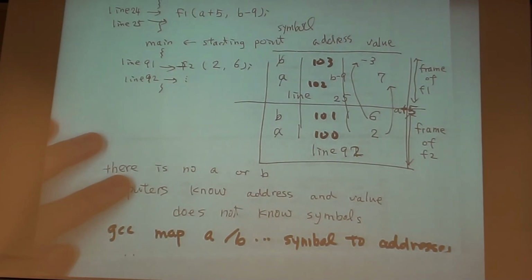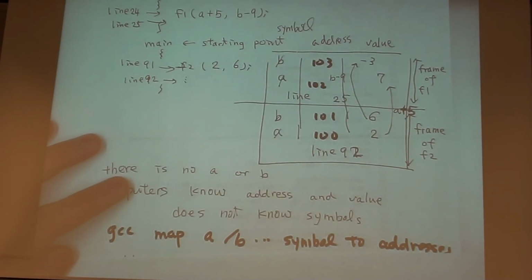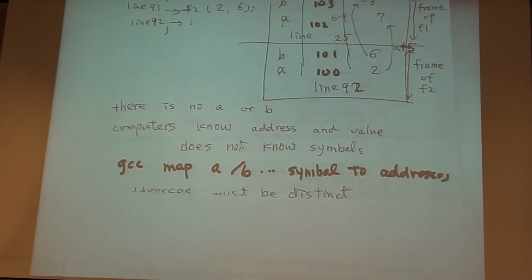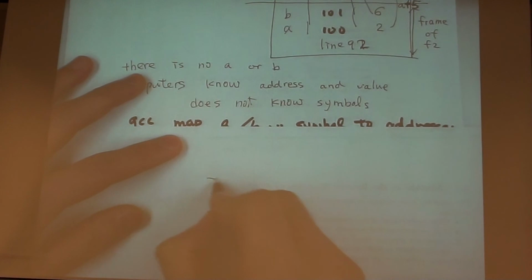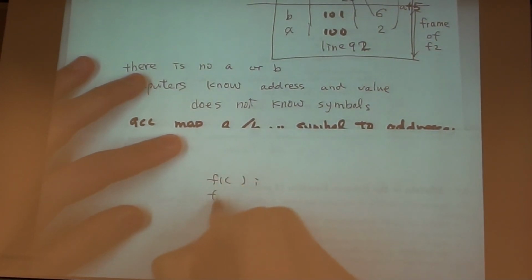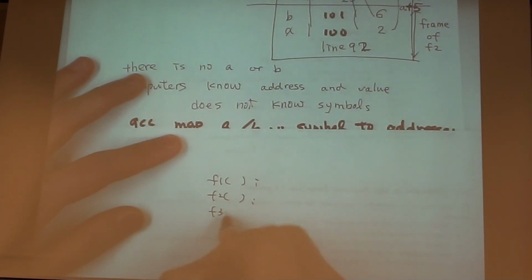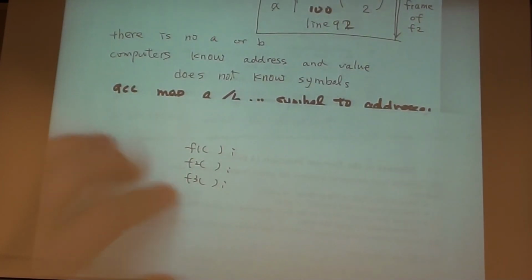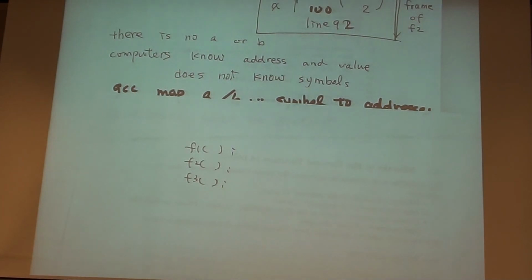It depends on how you call the functions. If you call F1, F2, F3, you push a frame for F1. F1 finishes, that frame is popped. You push the frame for F2, F2 finishes, that frame is popped. So in that case, you have only one frame at a time.